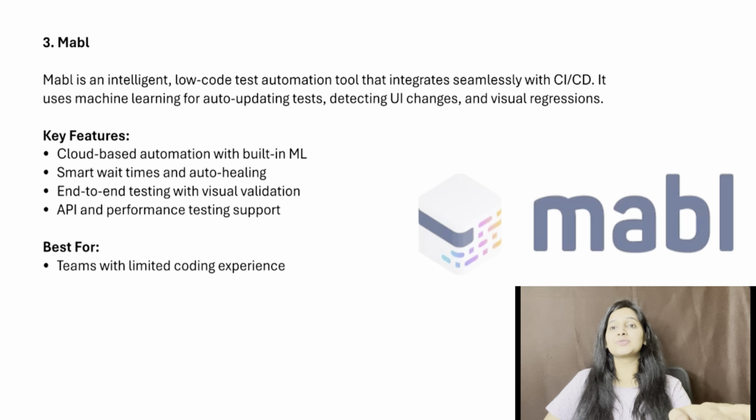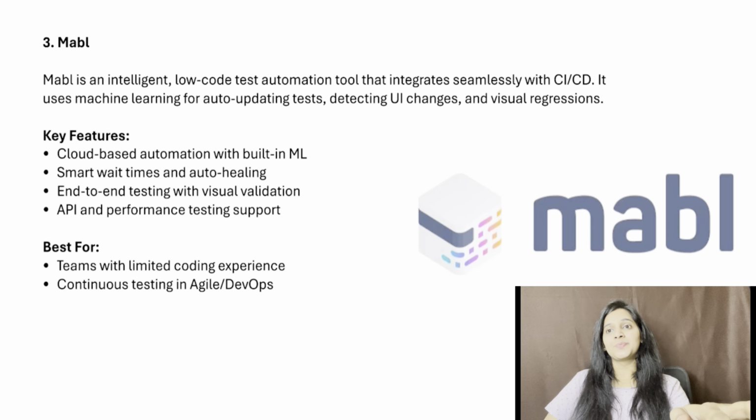It is best suitable for teams with limited coding experience. So this is a low-code test automation tool, and that is the reason, in case team members do not have good experience or exposure to coding, you can go with this tool.